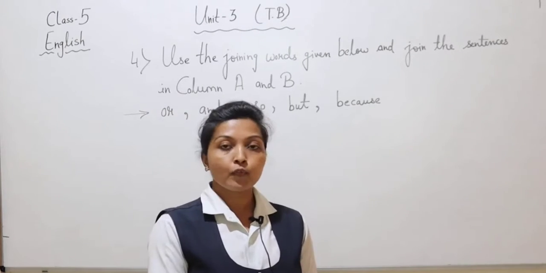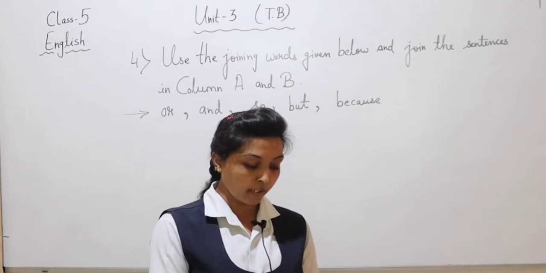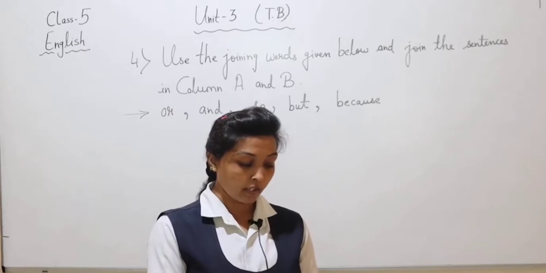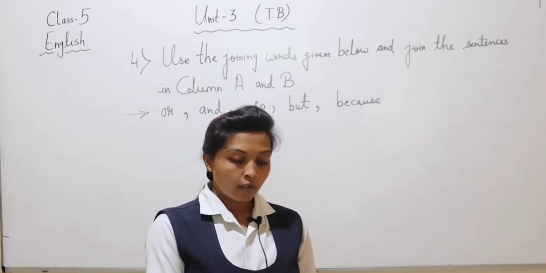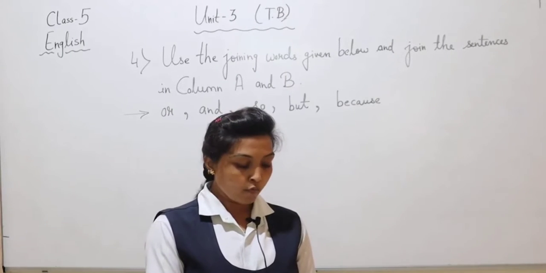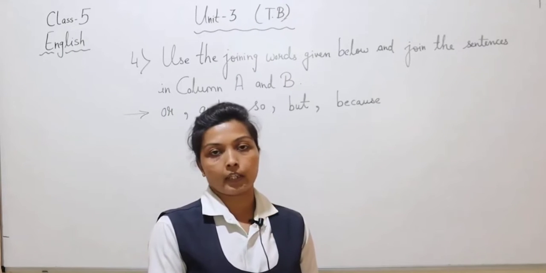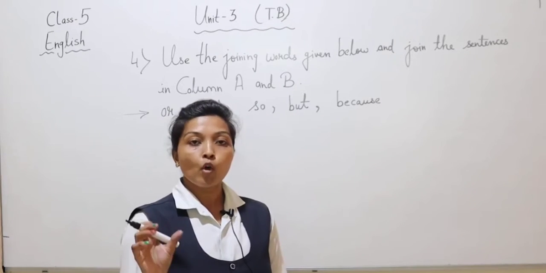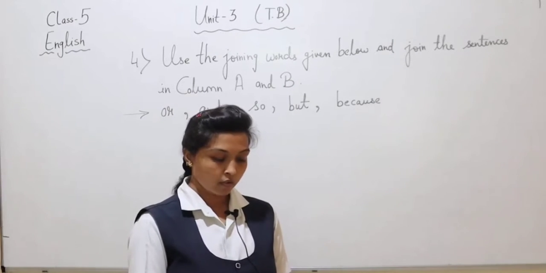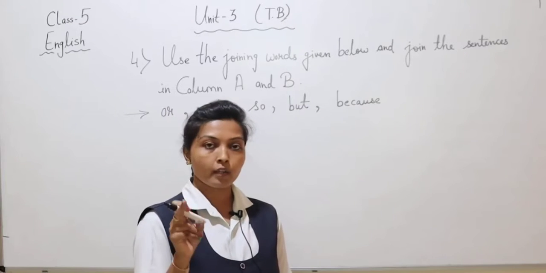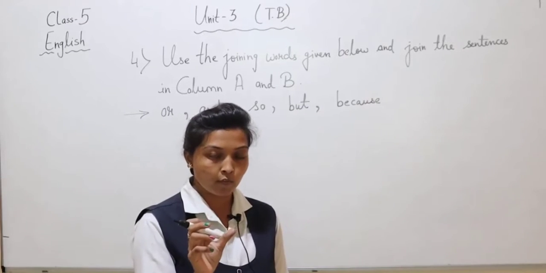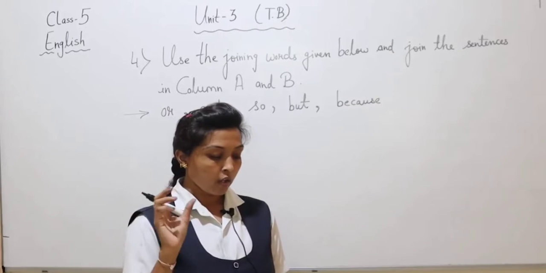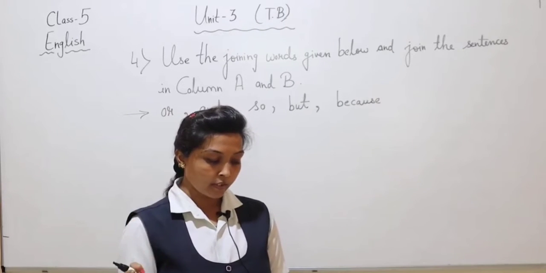Then after 4, he wanted a book for his birthday or a football for his birthday. Again in this, what do we do? He wanted a book, or, that joining word we have used, a football for his birthday.